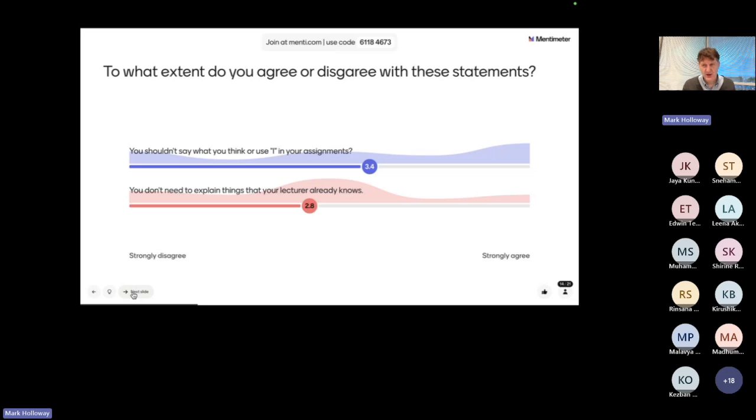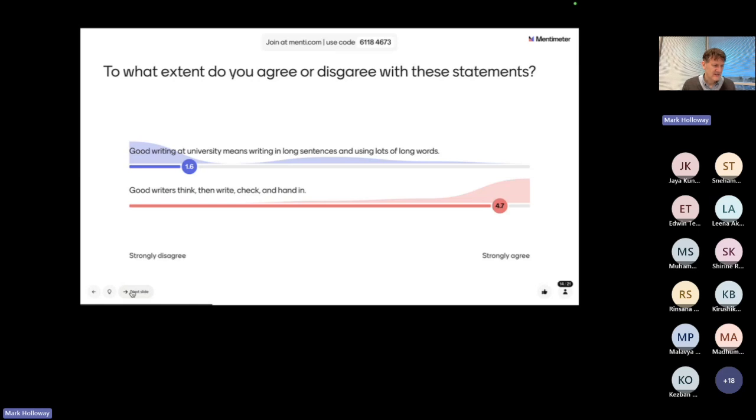So it's unlikely you are teaching the marker anything new, and it's quite likely that you are using or repeating some arguments that your lecturer will already be familiar with. So you will have to explain some things that they already know.